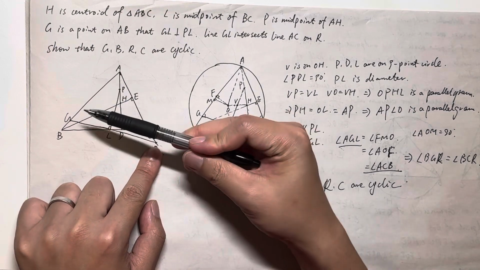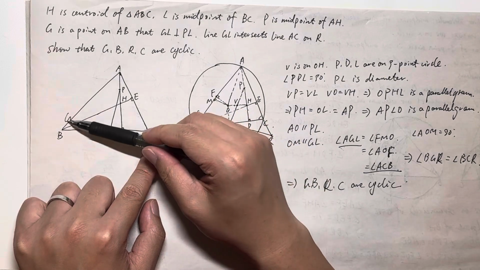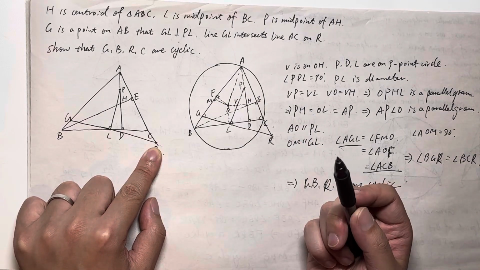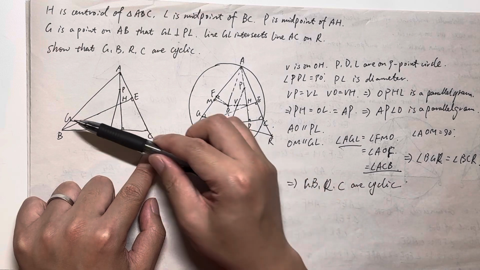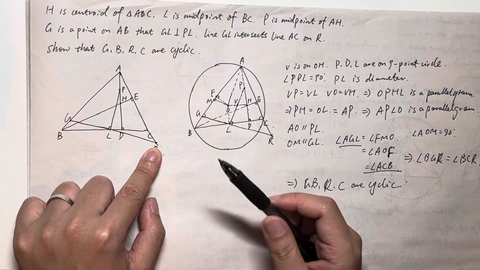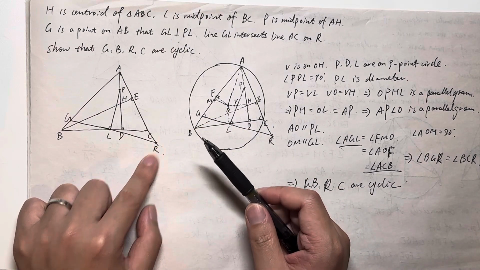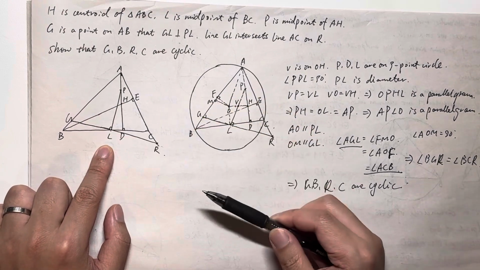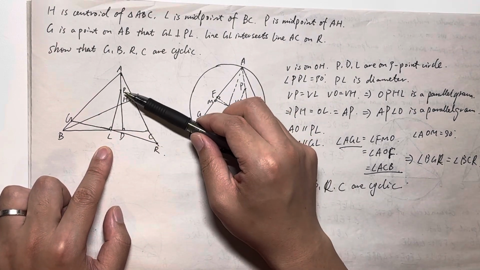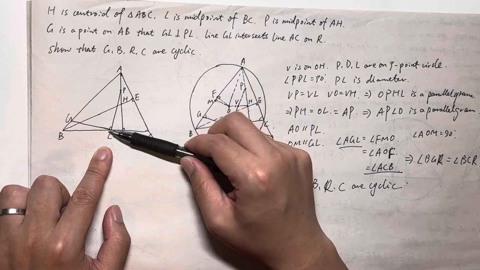Then we have the points G, L, P, and we can remove G as well. Then we only have PL. We try to find anything we can find on PL.